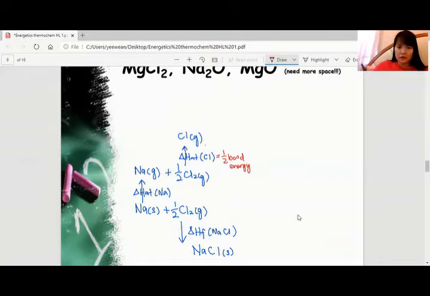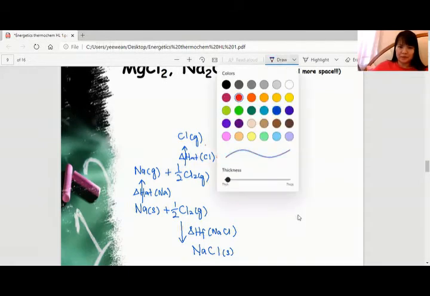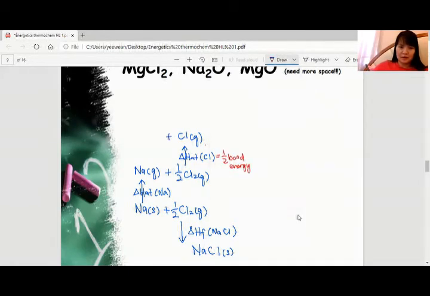So enthalpy change of atomization of chlorine here is the same as half the bond energy of chlorine gas. And it's only valid if their elements are in gas. For example, if it is bromine, the element is in liquid, so it wouldn't be half the bond energy. So we'll need to put enthalpy change of atomization here. Since I didn't do anything to the Na, I'm just going to copy it.